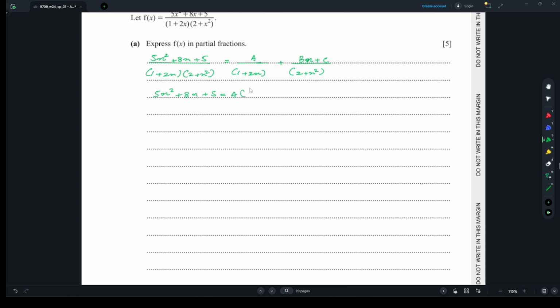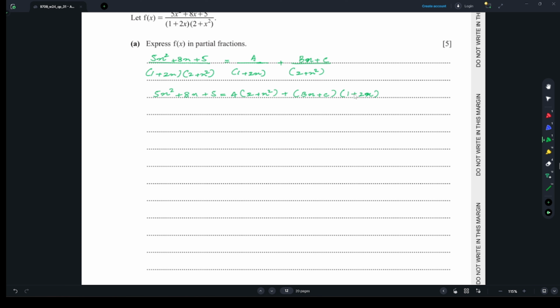So I can write a times (2 plus x squared) plus, then when I multiply the second term, 2 plus x squared cancelled, so you will have (bx plus c) times (1 plus 2x).